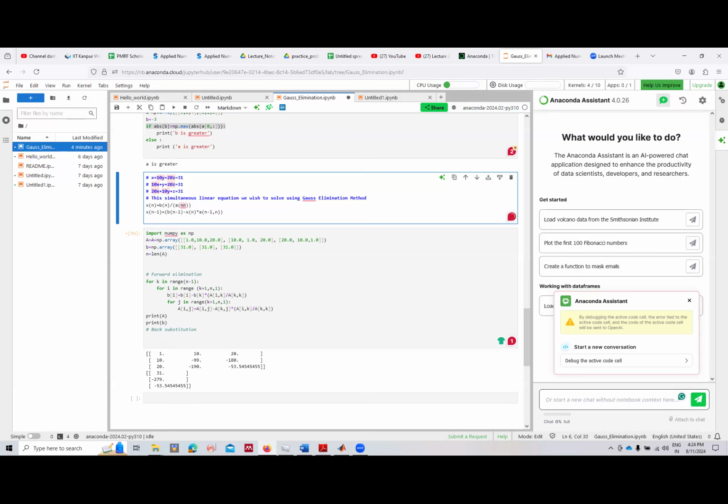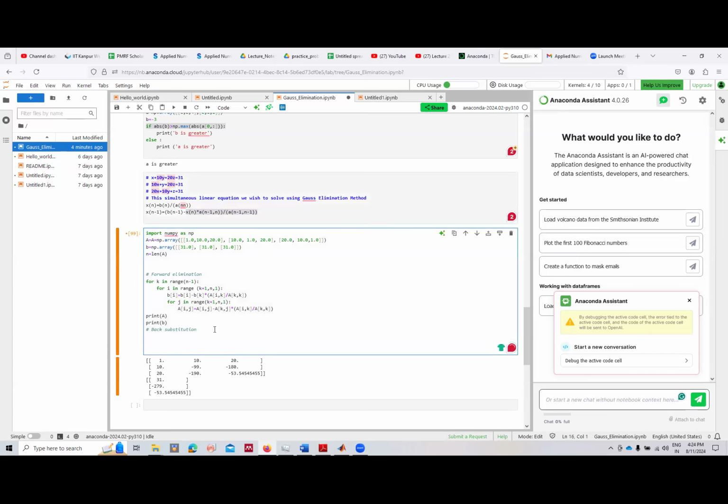Okay, this whole bracket divided by a n minus 1 comma n minus 1. If in general we represent, this term will come into a summation. This term will come into a summation.